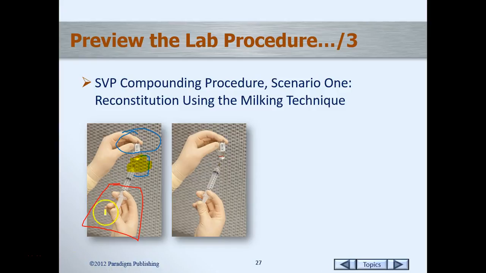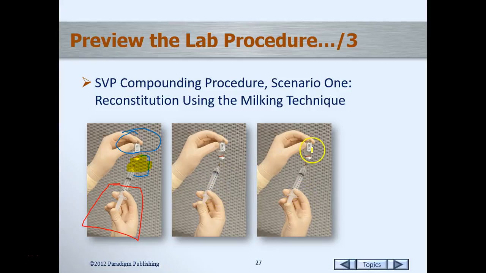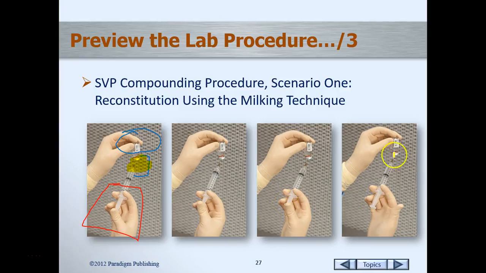So they're injecting in the air for the milking technique. Now they're letting the fluid come back out through the syringe and fill into the syringe. And that's the milking technique. You push the air up, you let the liquid in. You push the air up, you let the liquid in until you get it all in.